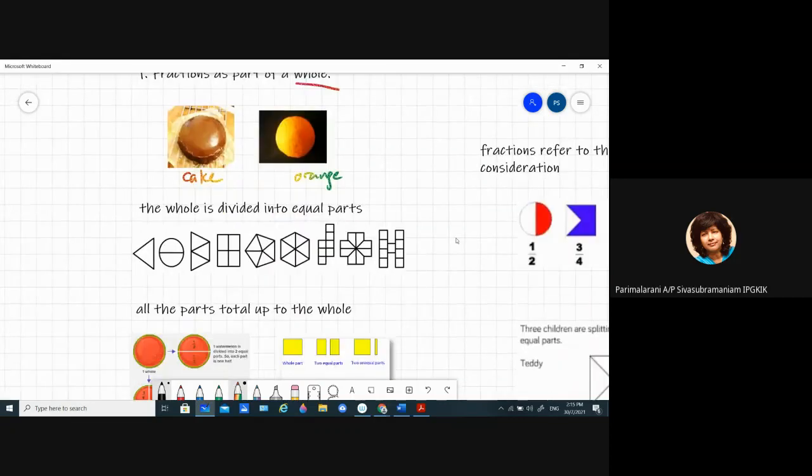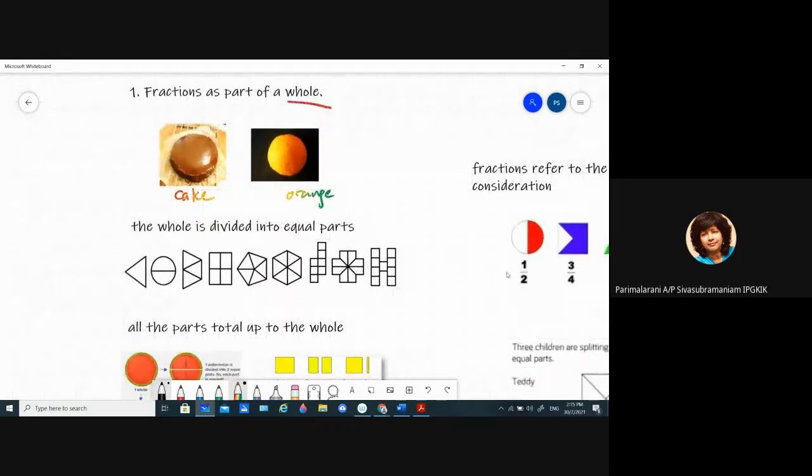The next thing that they need to know is that fractions as part of a whole means you can divide the whole into equal parts. When you divide the whole into equal parts, then the parts are known as fractions. So this is a whole, no division there, so it's one whole.